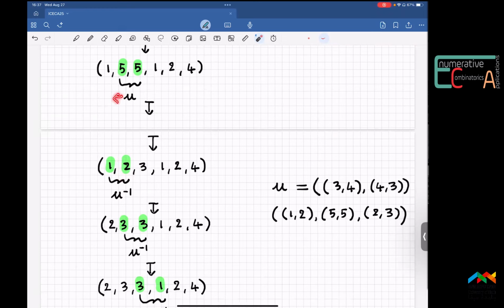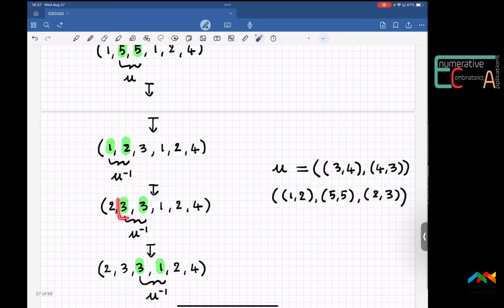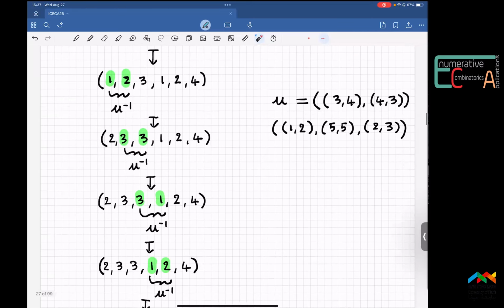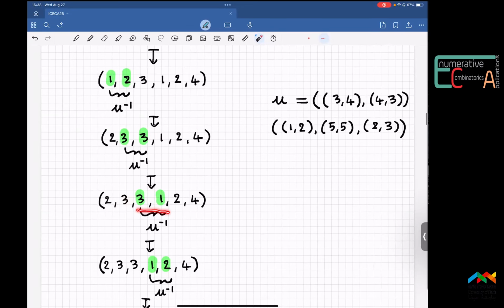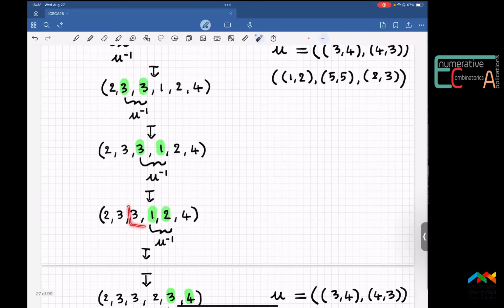And u moves to the left, but now becomes u inverse. So you have to apply u inverse to 1, 2. U inverse of 1, 2 is 2, 3. So this becomes 2, 3. U inverse moves to the right. Now you have to apply u inverse to 3, 3. 3, 3 is a fixed point. So 3, 3 remains. U inverse moves to the right by 1. Now you apply u inverse to 3, 1. That's also a fixed point. So 3, 1 remains.